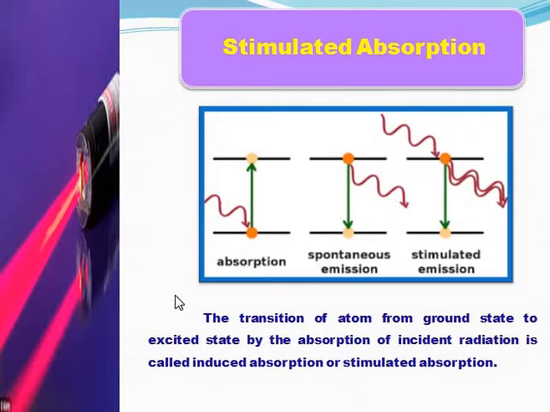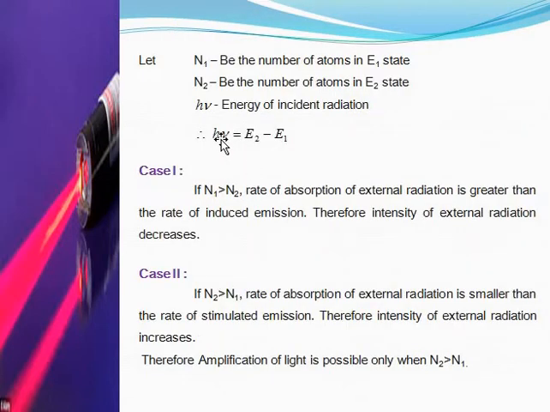In order to excite an atom to a higher energy level, the condition is that the incident photon energy must be equal to the energy difference between the two energy levels. In case 1, if N1 is greater than N2, in the sense that the number of atoms in the ground state is more than in the excited state, the rate of absorption of external radiation is greater than the rate of induced emission, so the intensity of external radiation decreases.